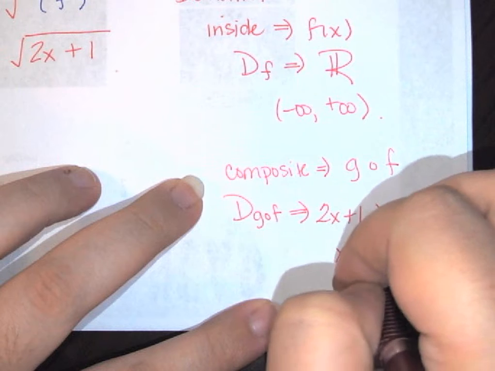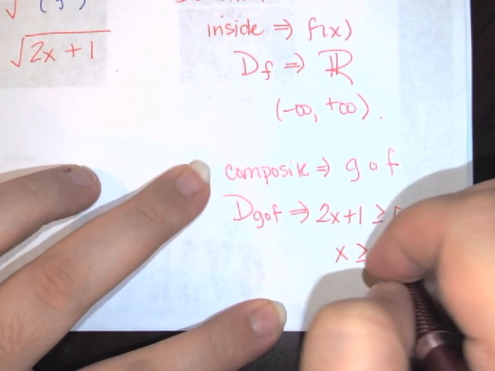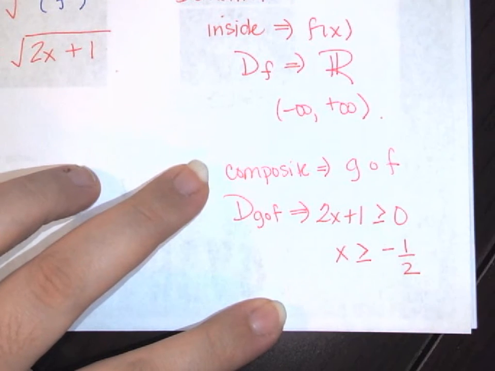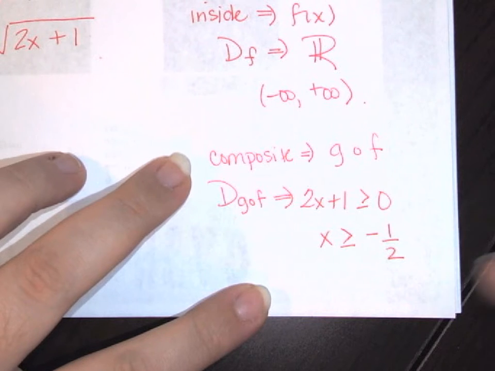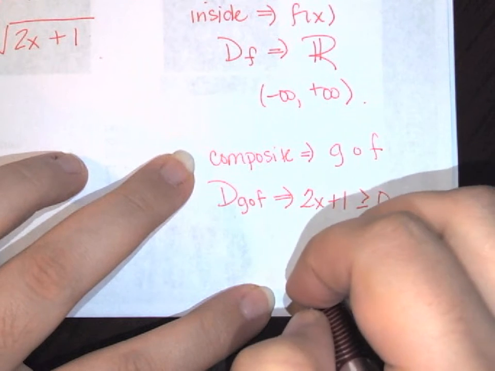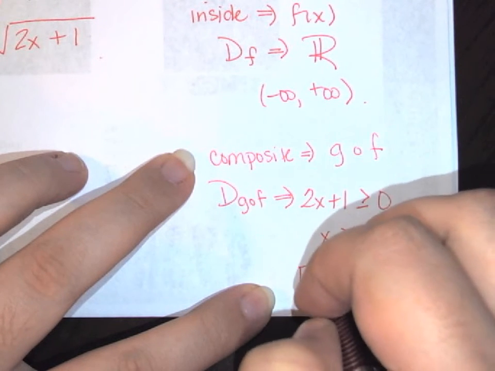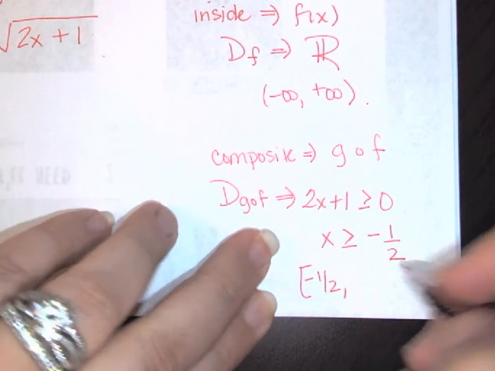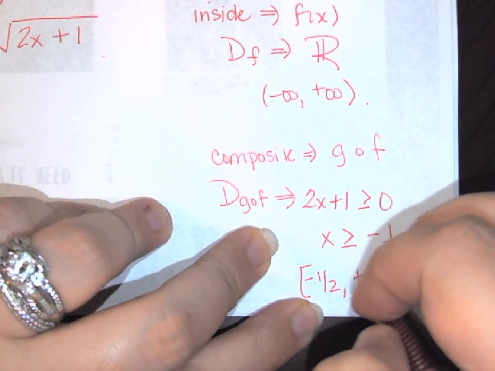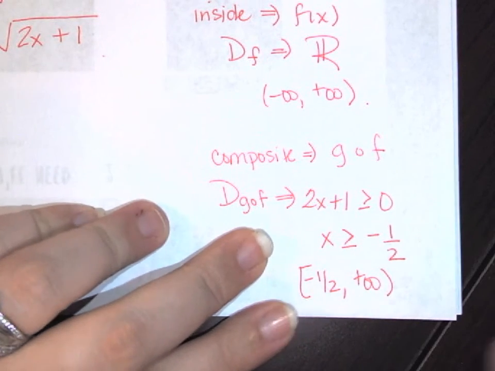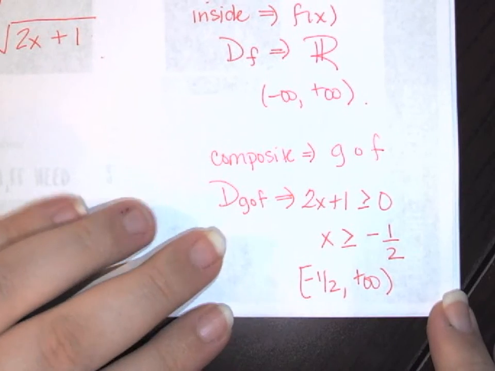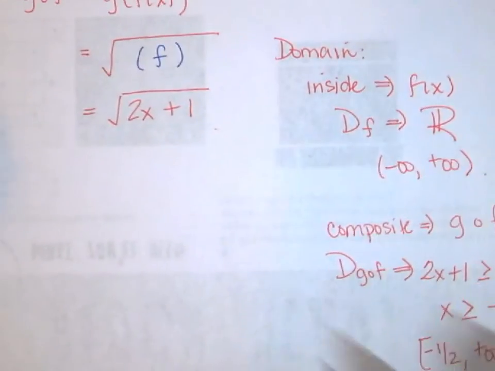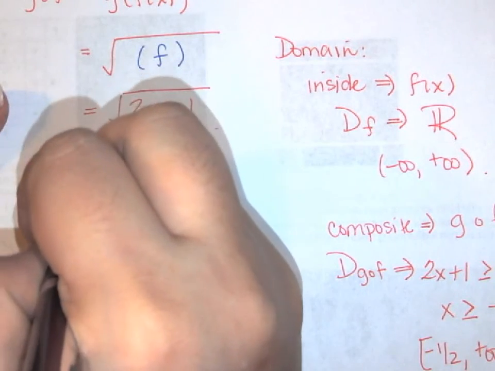So x is greater than or equal to negative 1/2. So that means this one is going to start at negative 1/2, and it's going to travel up to positive infinity.